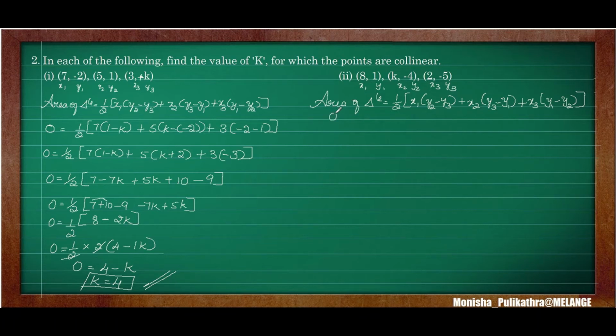So for area of triangle we need to write a 0 here. So half into x1, x1 is 8 into y2, y2 is minus 4, write minus here, and y3 is minus 5. So we need to put a bracket here. Plus x2, x2 is k into y3 is minus 5 minus y1 is 1 plus x3 is 2, y1 is 1 minus y2 is minus 4.